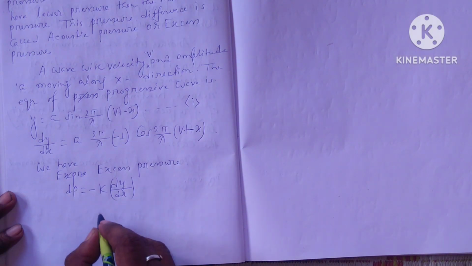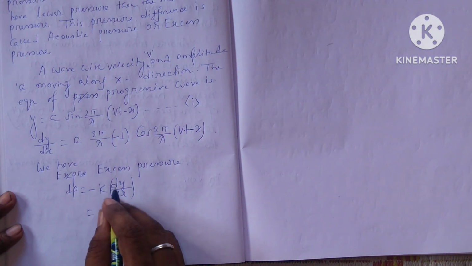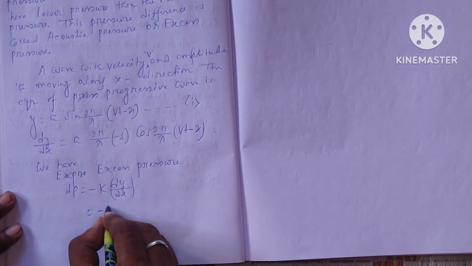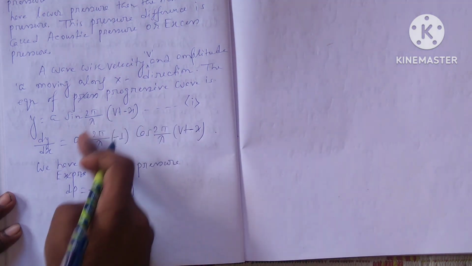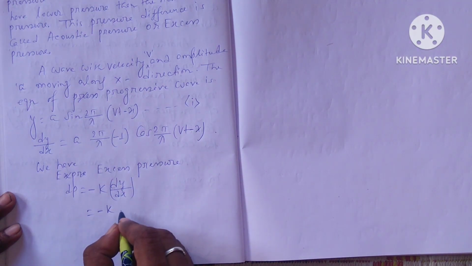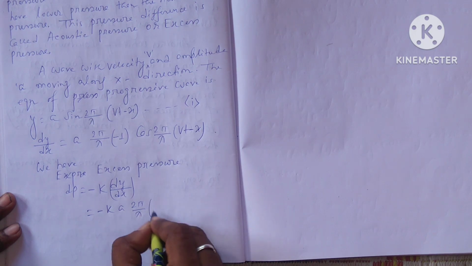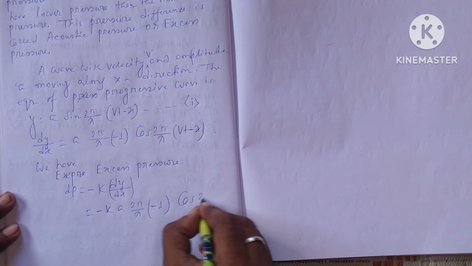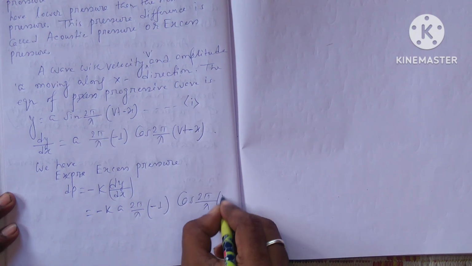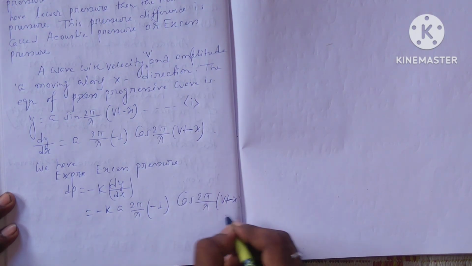Now that is minus k, putting the value of this, A 2 pi by lambda times minus 1, cos 2 pi by lambda (Vt minus x).